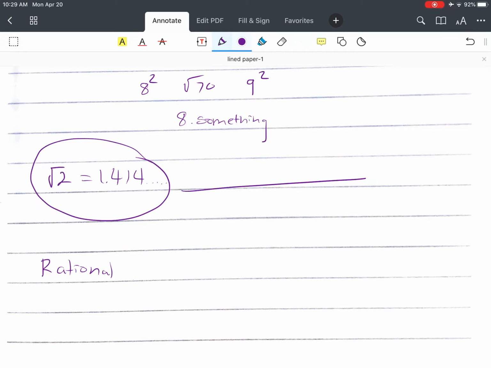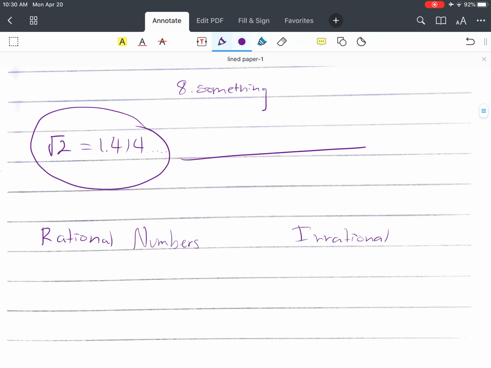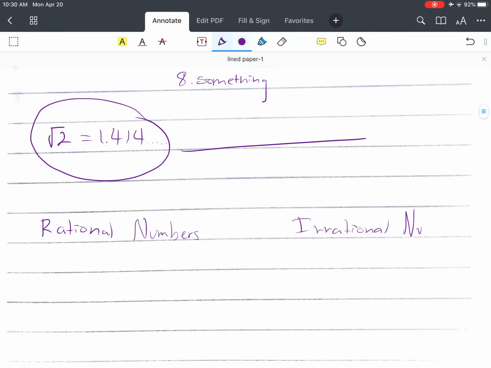So, we have numbers that are called rational numbers, and we also have numbers that are called irrational numbers, okay? Any number that you can think of is either rational or irrational. Any number.